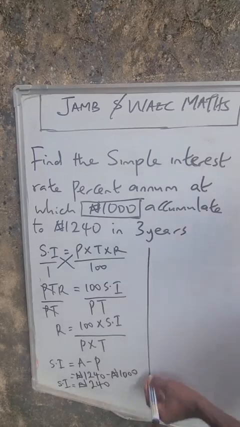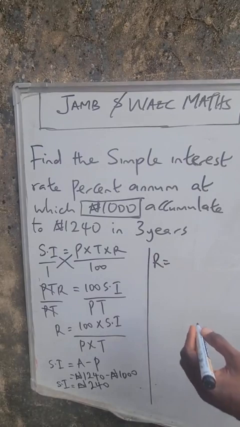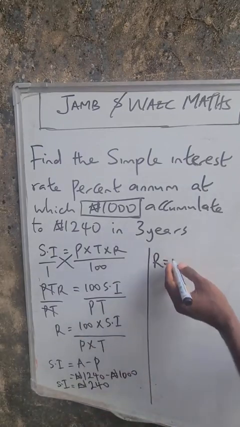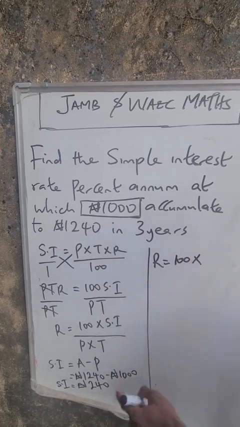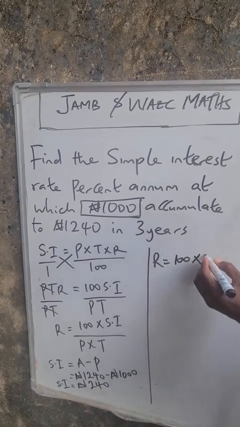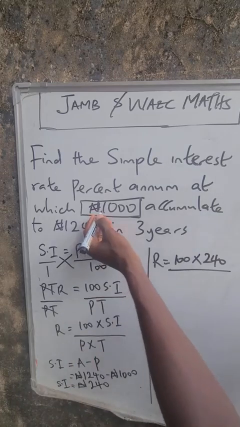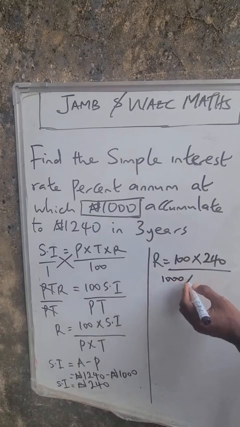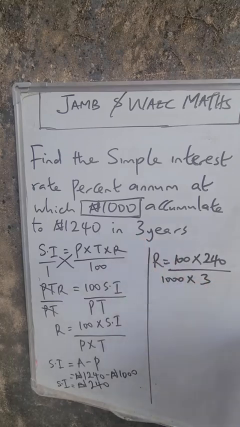So since we're looking for rate, we have that rate is equal to 100 times the simple interest, which is 240, all over our principal, 1000, times our time in years, which is 3.